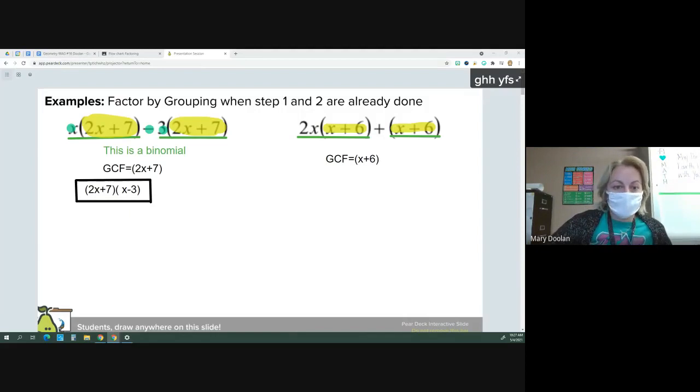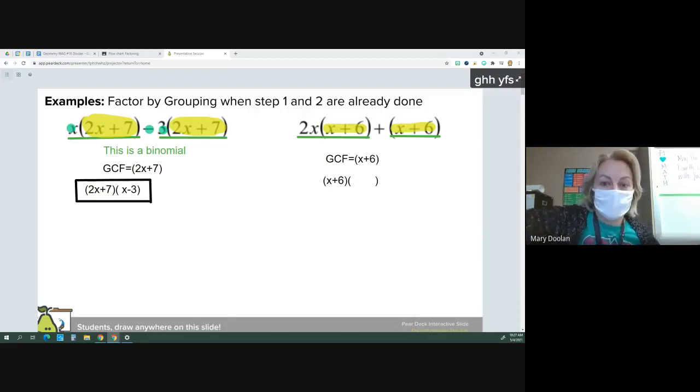And so we're going to write it as a factored expression with the GCF on the outside, x plus 6, because it's coming from both of them, so I only write it one time. And then in the parentheses, I'm going to have some stuff added together, two things specifically, because I started with a binomial. So what's left over? You see there's 2x left here. I have a plus sign.